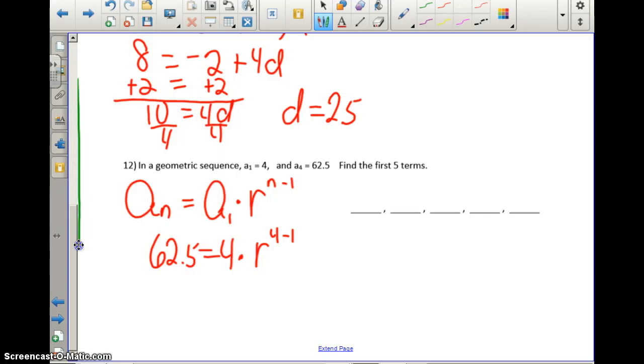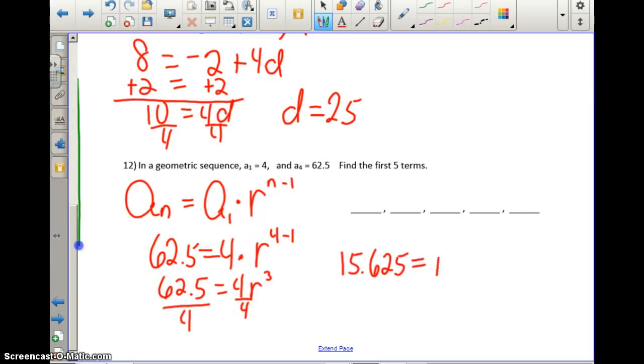So now if I clean this up, I have 62.5 is equal to 4 times r to the third. Divide out the 4, and I get 15.625 is equal to r to the third power. So if I want to cancel a third power, I use the cube root, and that gives me r, and the cube root of 15.625 is 2.5.